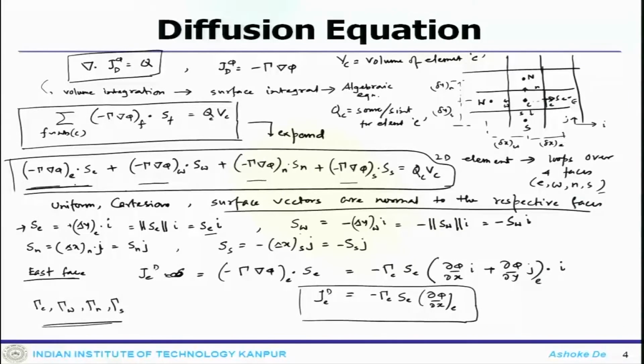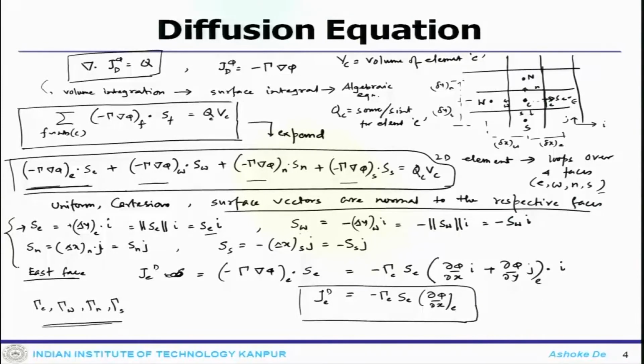It goes over all the faces surrounding the element C. That means element C has 4 faces, east, west, north, south, and we expand that discretized equation in this fashion. Then we found all our surface vectors, or surface normal vectors.